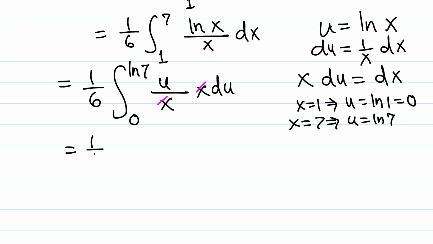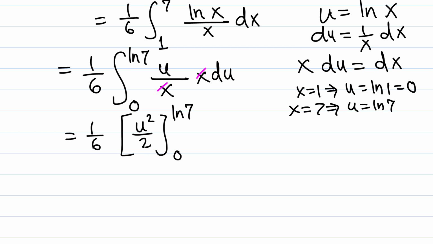That leaves 1/6 outside. Antiderivative of u with respect to u. And antiderivative of u is just u squared over 2 using the power rule. So u squared over 2 from 0 through ln 7. We don't have to back substitute because these limits are for new variable.